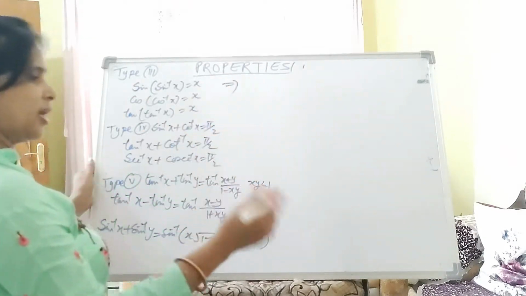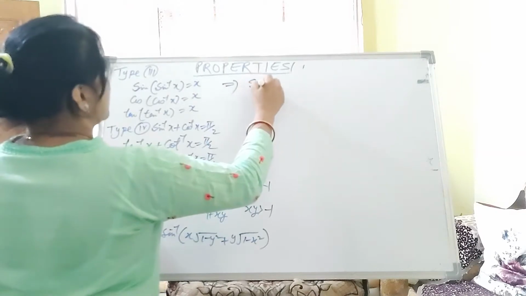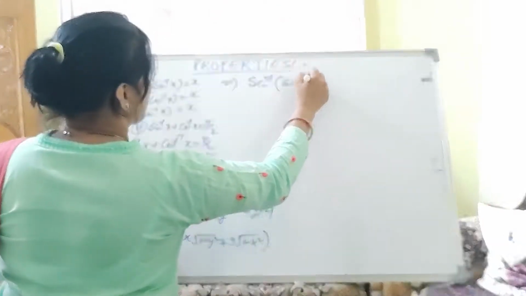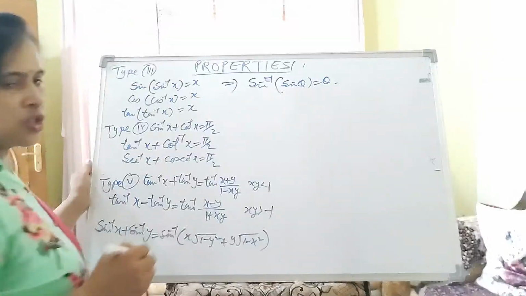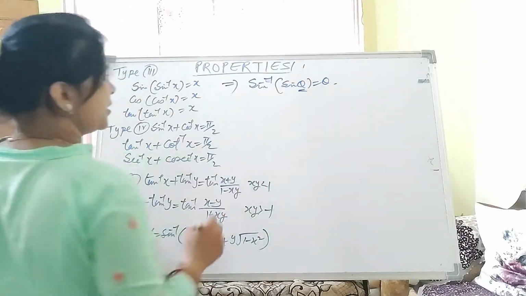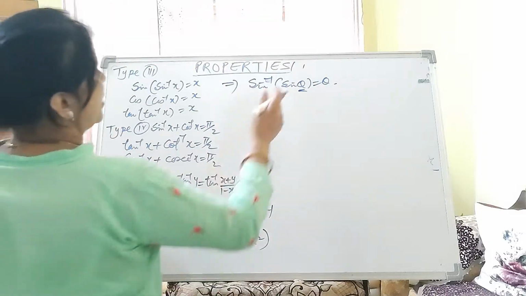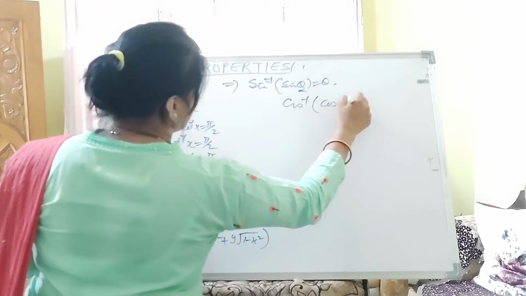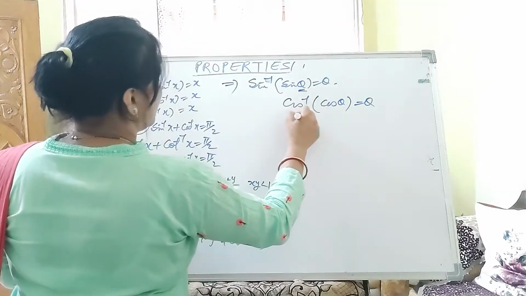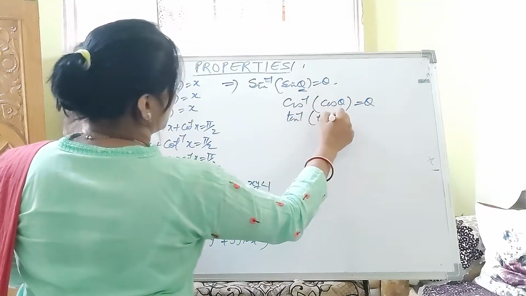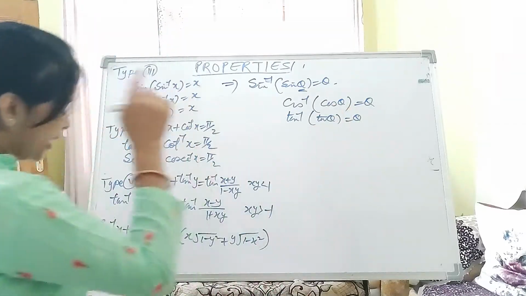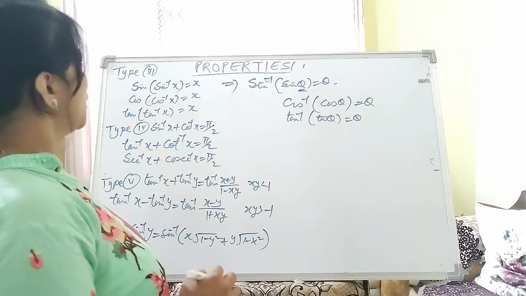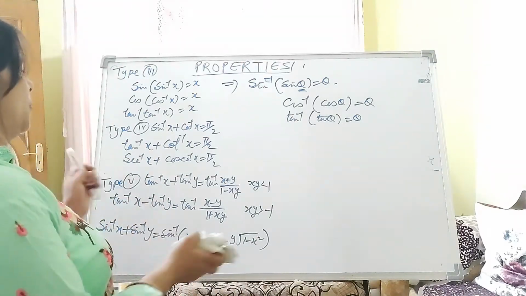Another similar kind of property: sin inverse sin theta is equal to theta. This is also important, provided this theta will be from minus pi half to pi half. Cos inverse cos theta is equal to theta, tan inverse tan theta is equal to theta, provided this theta should be within the limit. So this is about the third type of property.